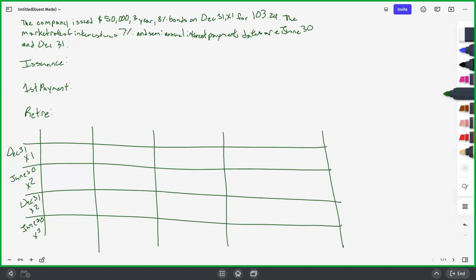The interest payments. So when we're done, like next year, how do we use that carrying value? The cash payment.